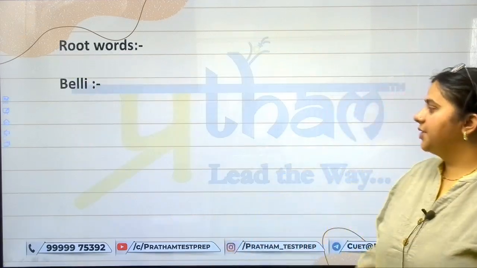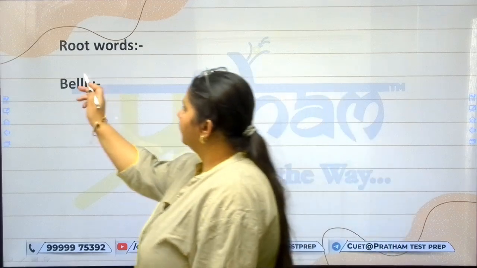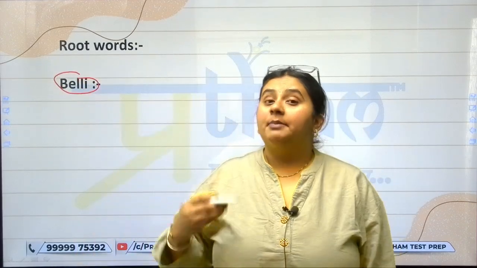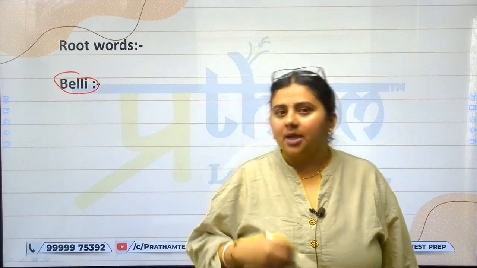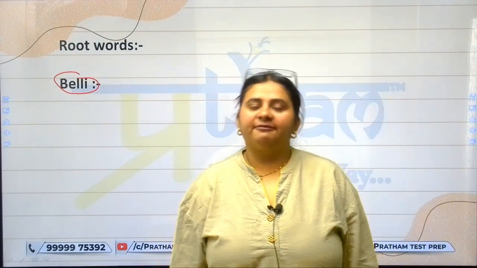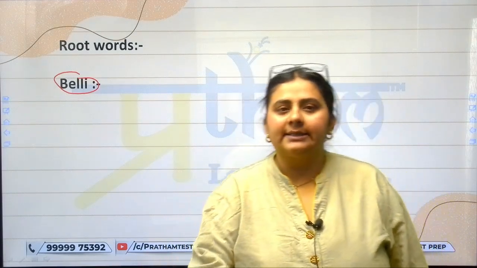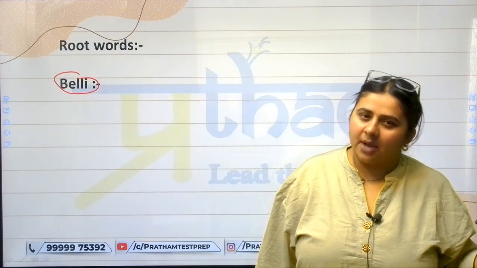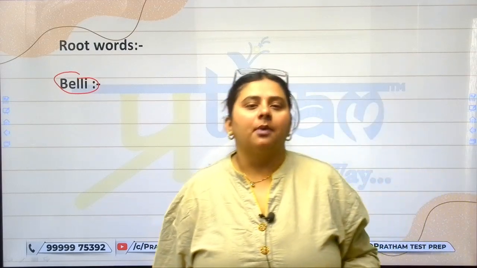Now the first root word for us is belly. You often would have heard words like rebel, bellicose, belligerent, because bellicose and belligerent are those two words which you will always find in your exam. हमेशा मिलता है, right? अभी we'll see the list of the words also. किधर भी कहीं भी किसी भी फॉर्मेट में आ जाए, I do not need to worry about it.